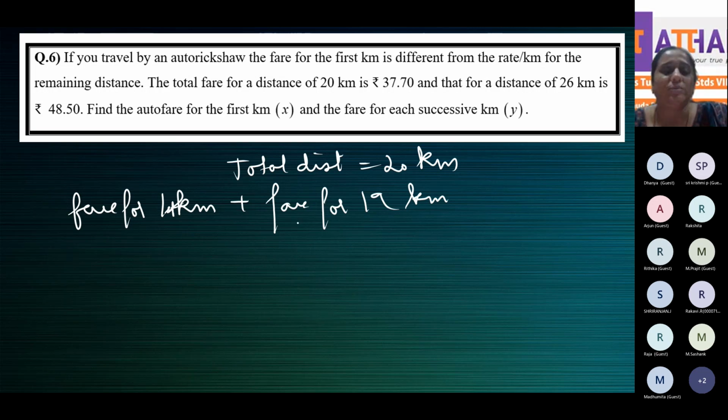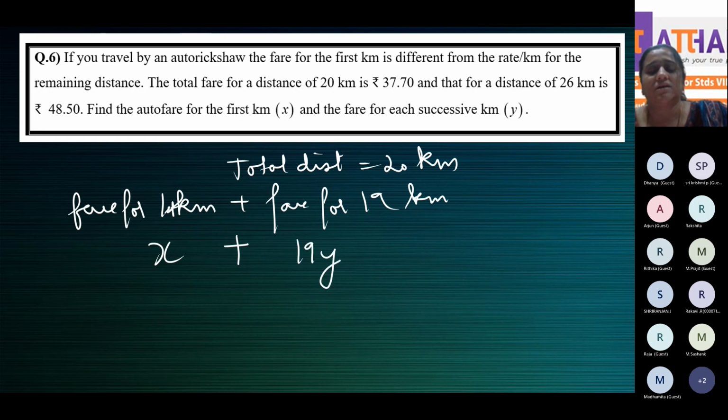What is the fare for the first kilometer? That is fixed, x. Plus, what is the fare for the remaining 19 kilometers? 19y. And this total is 37.7, the total fare.